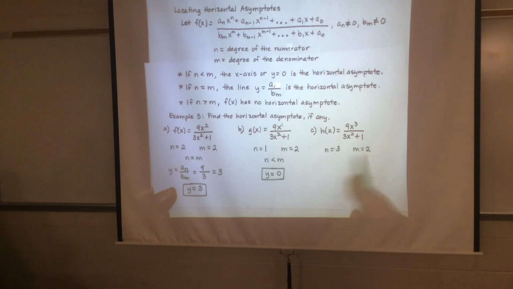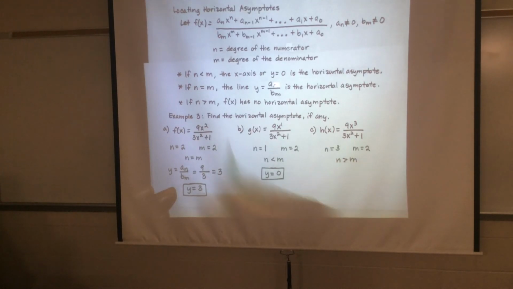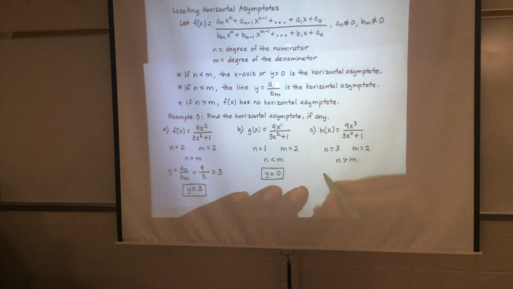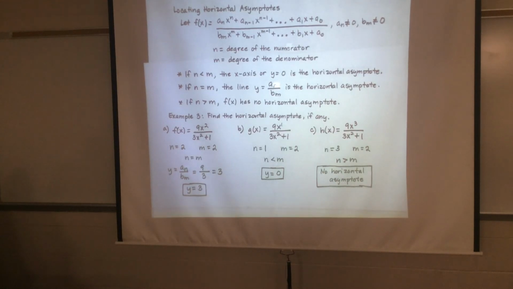Now, if you compare your n with the m, n is greater than m. 3 is greater than 2. And since n is greater than m, that means that the function h of x will have no horizontal asymptote. There's no horizontal asymptote there.